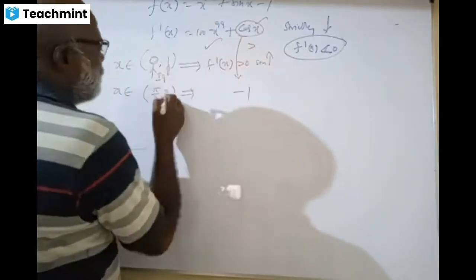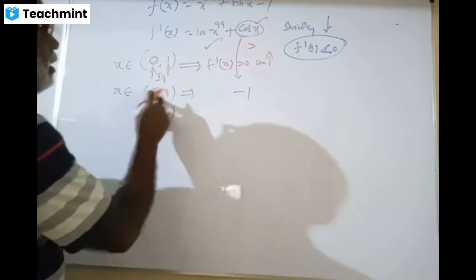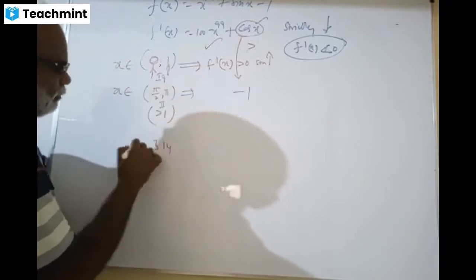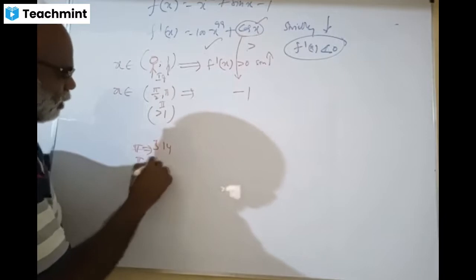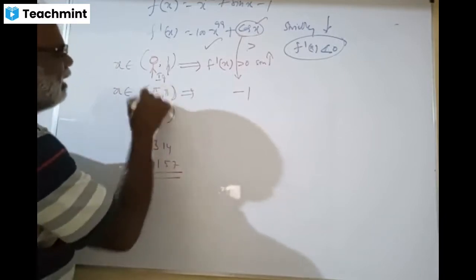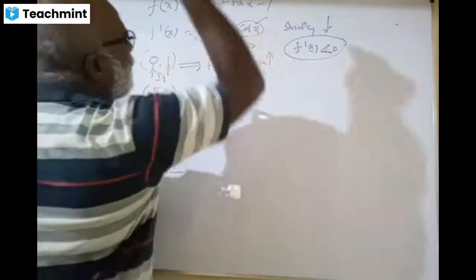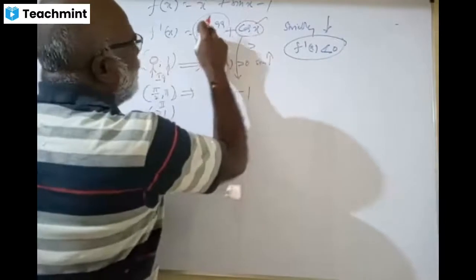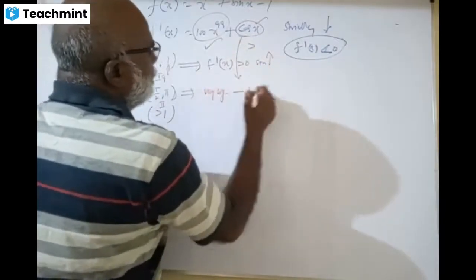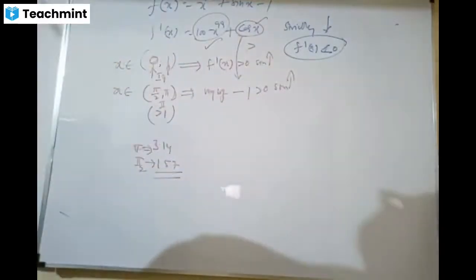But for pi by 2 to pi, the value of x is more than 1. Pi by 2 is 1.57 and pi is 3.14. Therefore, the value in the interval x is more than 1.57. If you raise it to a power, it will go bigger and bigger. It's a very big value. So it is positive. It's strictly increasing. I hope you are able to follow me.